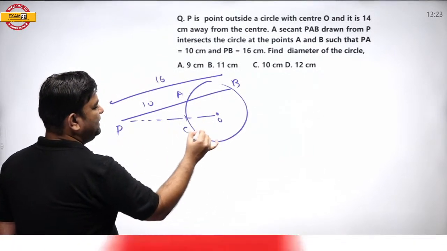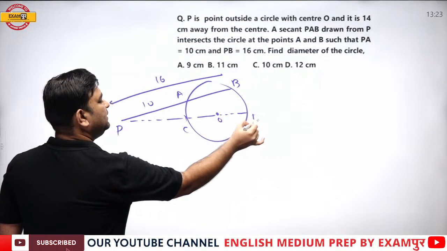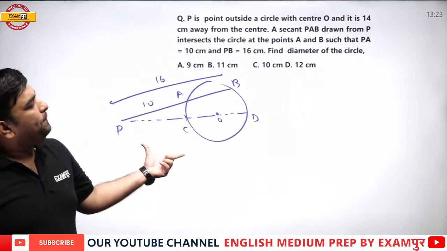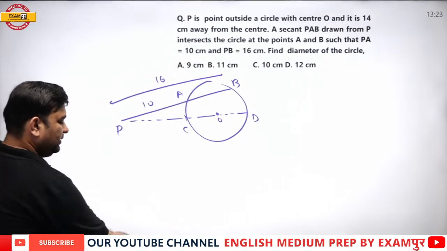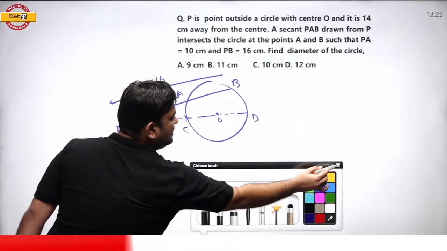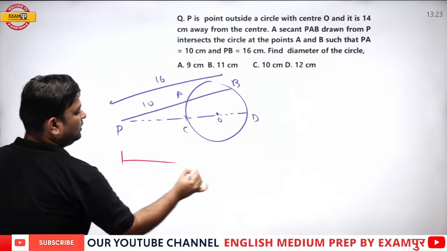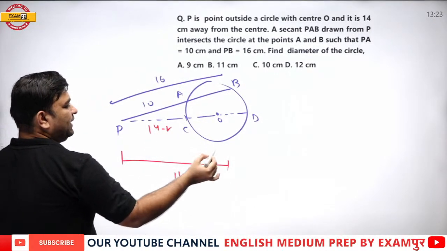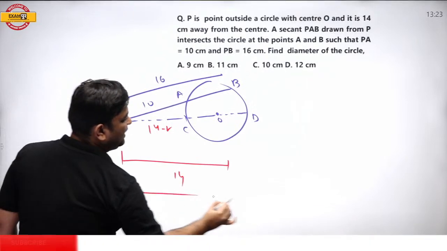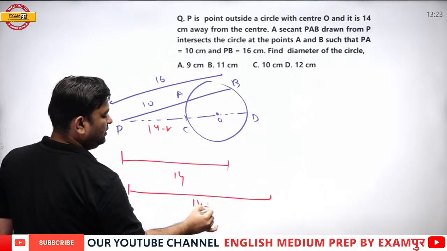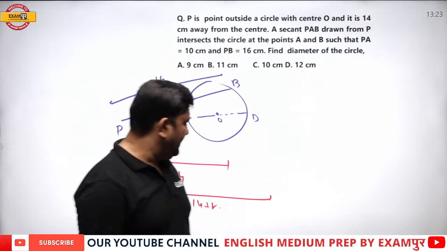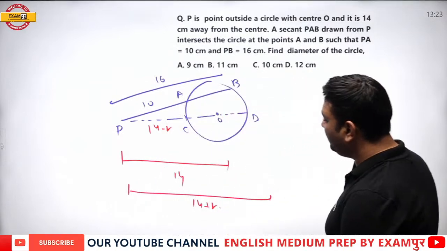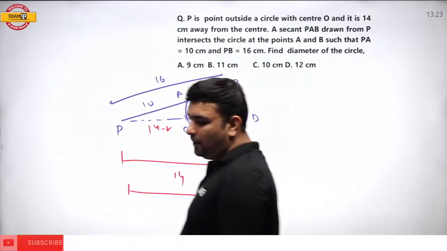If PO is given as 14, then PC is 14 minus R and PD is 14 plus R.